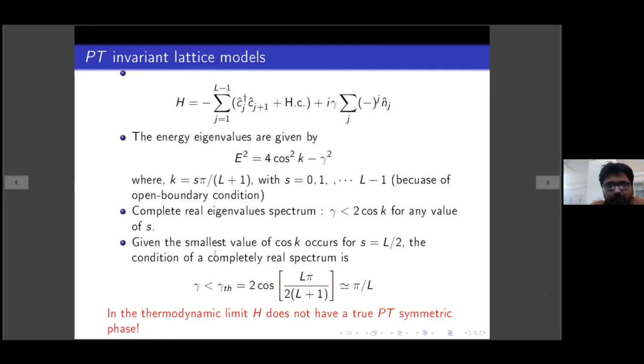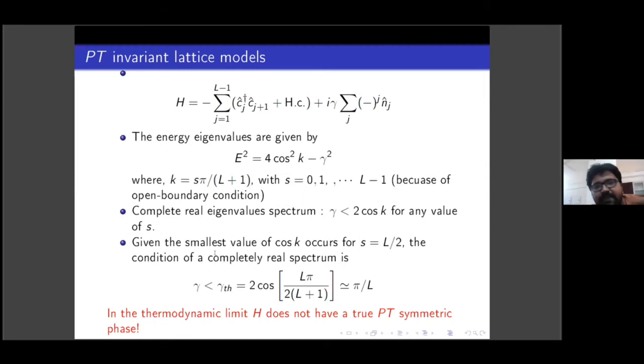Now, our idea, as condensed matter physicists, was just to write down some lattice model, go to the thermodynamic limit, and see whether you can talk about this PT symmetric phase and the entanglement entropy and so on, which I will discuss as I go along.